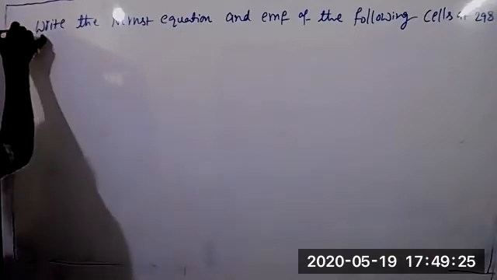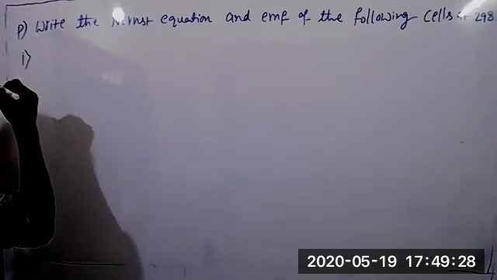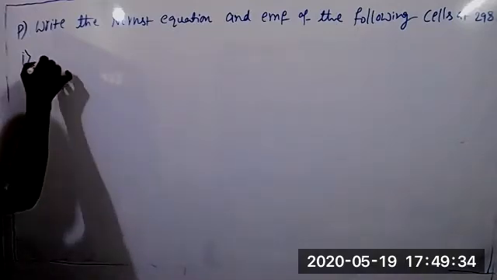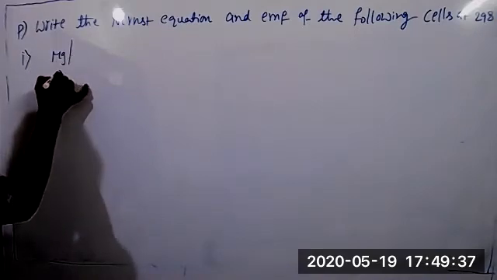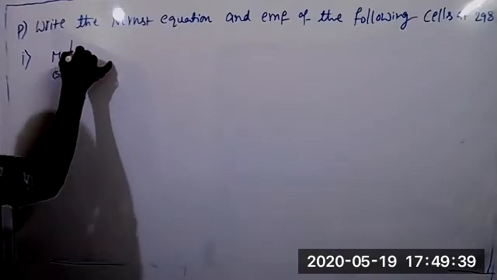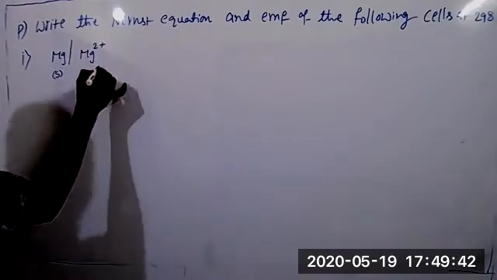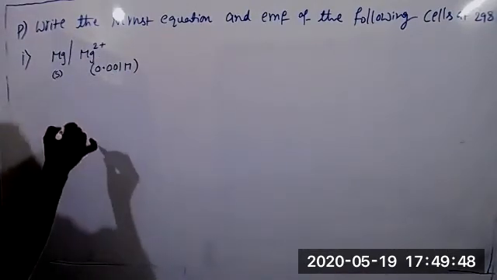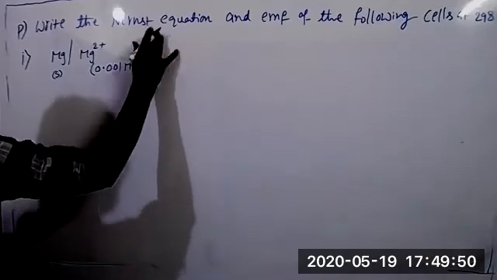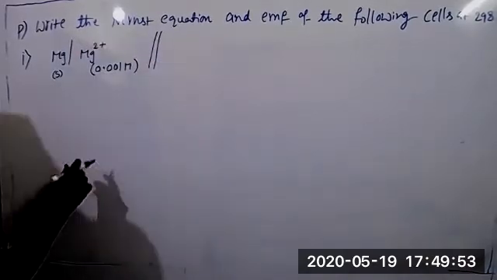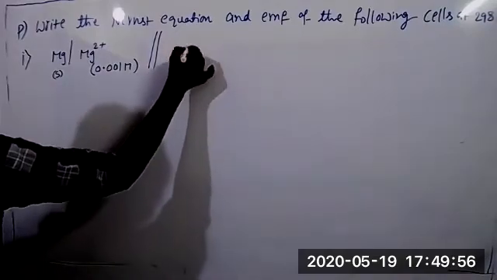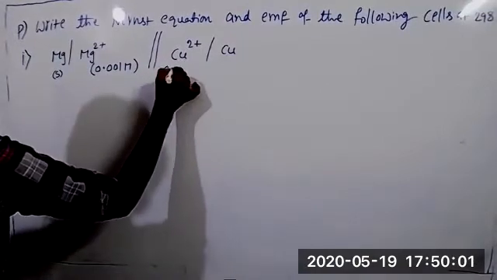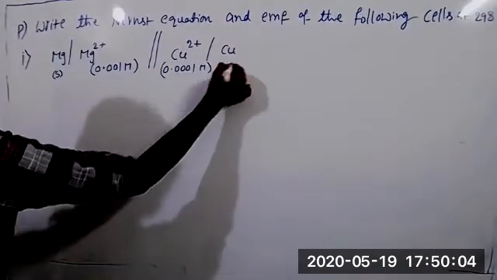First one: magnesium solid becomes magnesium 2 plus, 0.001 M. Cu2 plus becoming Cu, concentration is 0.0001 M, Cu is solid.